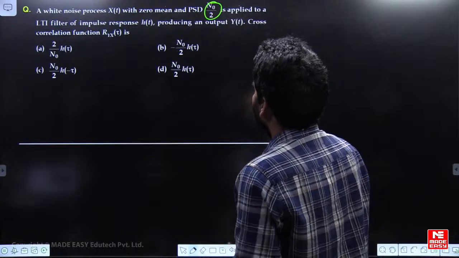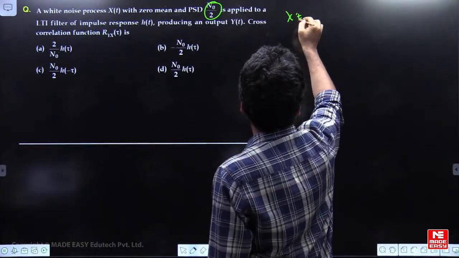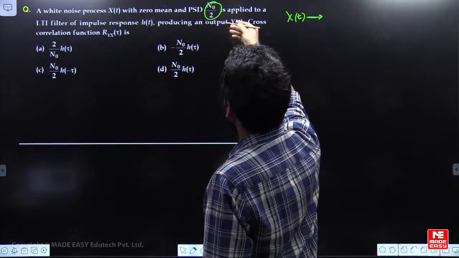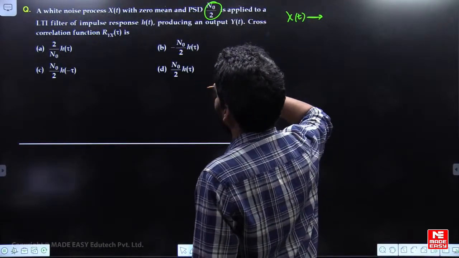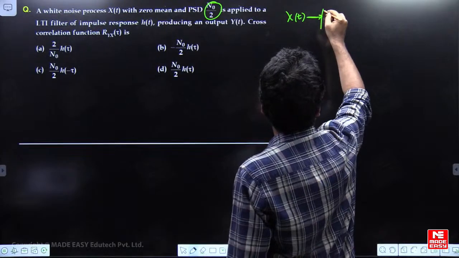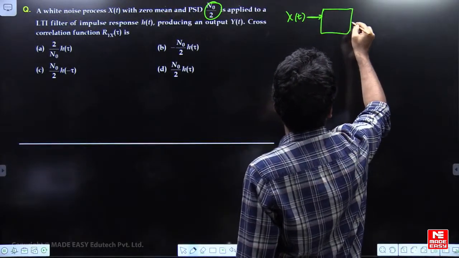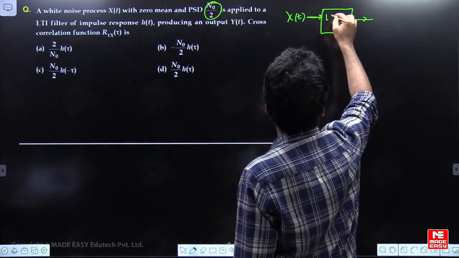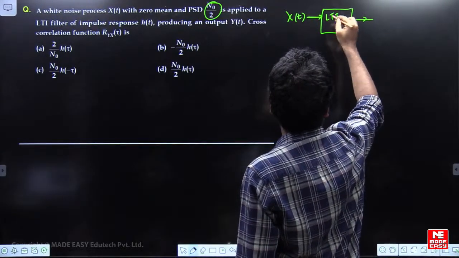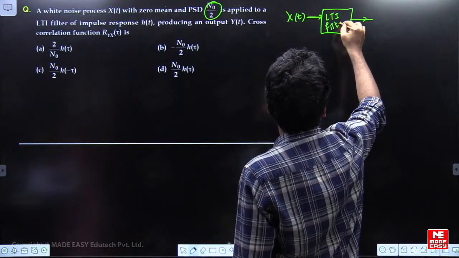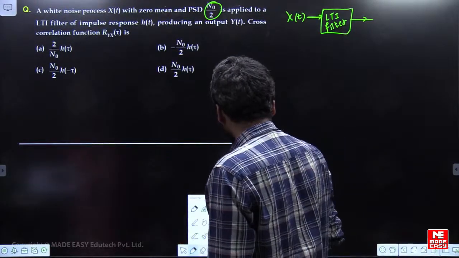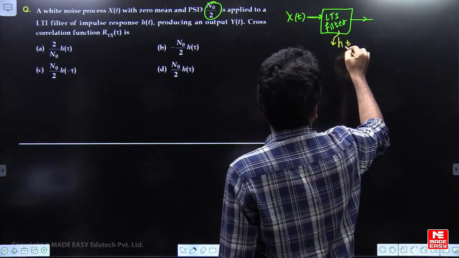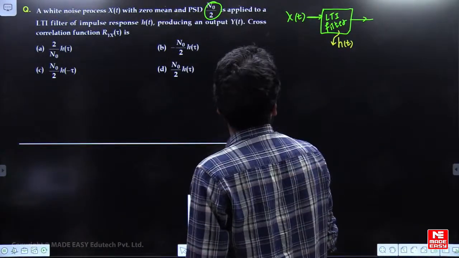So for X(t), mean is given as 0 and power spectral density is N0 by 2, and it is applied to an LTI filter of impulse response h(t). So this random process X(t) is given to an LTI filter having the impulse response h(t) and producing the output y(t).